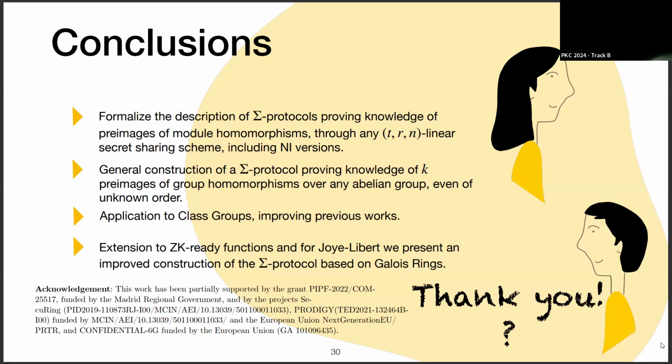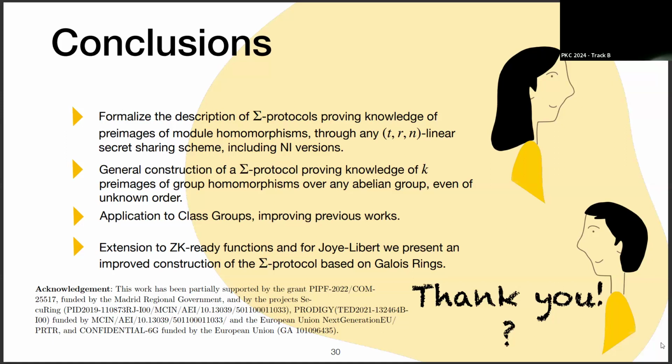Your technique uses a large challenge space, because the difference between the challenges in that space is usually invertible. What's the advantage of your technique compared with other lattice-based techniques?